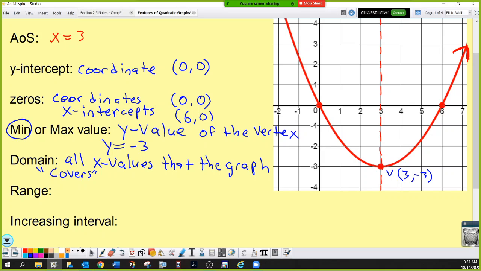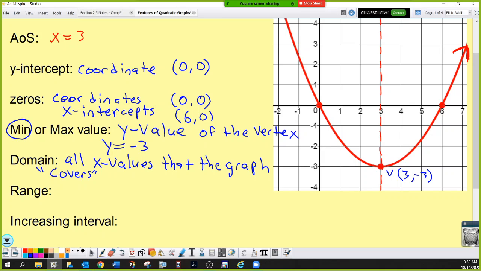Sam? So what Sam said was negative infinity and positive infinity, but in words, that means everything, right? This graph, if you smashed it flat on the x-axis, would cover the entire x-axis. So all real numbers.